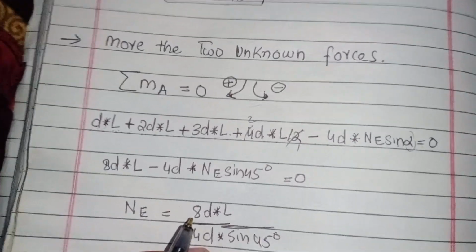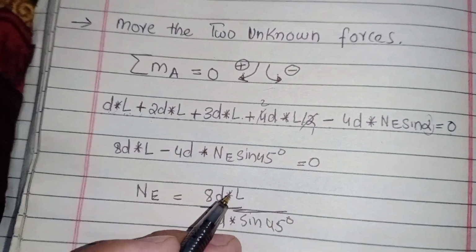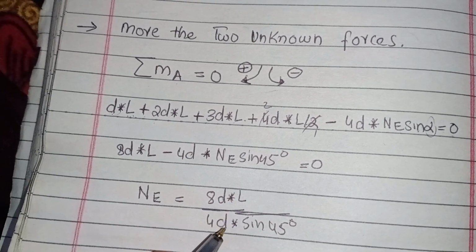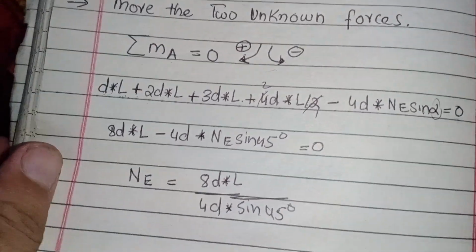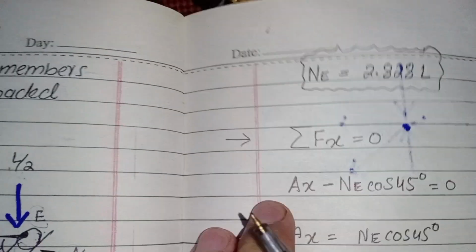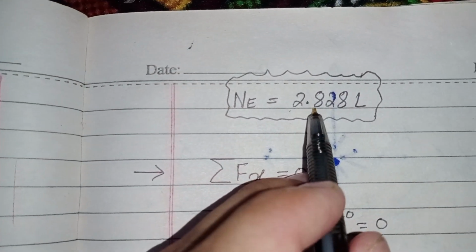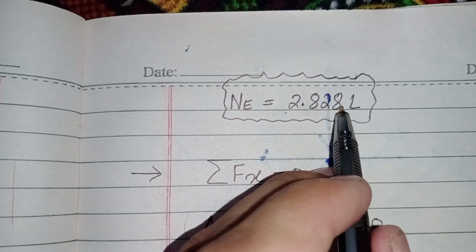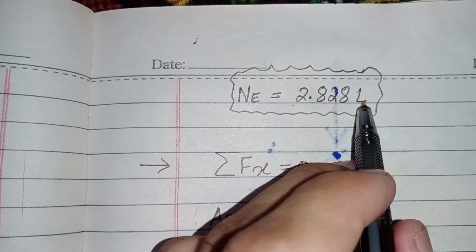So NE will be equal to 8DL divided by 4D sine 45. If you calculate this, NE will become equal to 2.828 L.